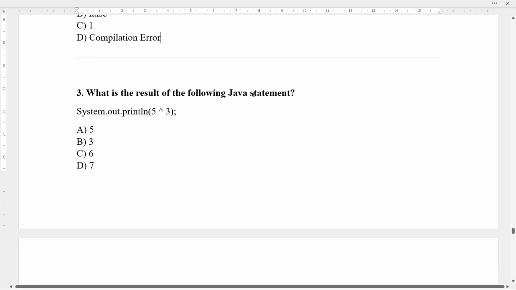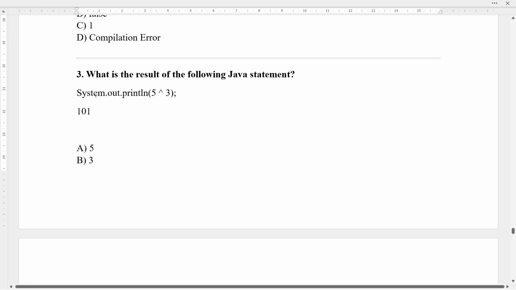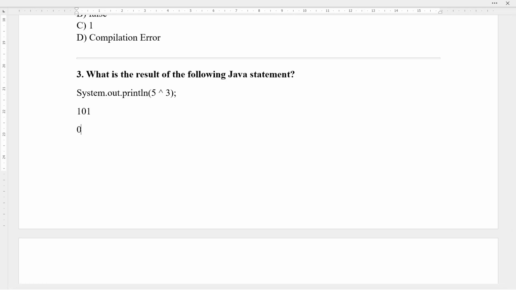What is the result of the following Java statement? 5 XOR 3. The binary representation of 5 is 101 and the binary representation of 3 is 011. In XOR, if both the bits are different, then only it returns 1. If both the bits are the same, it returns 0.